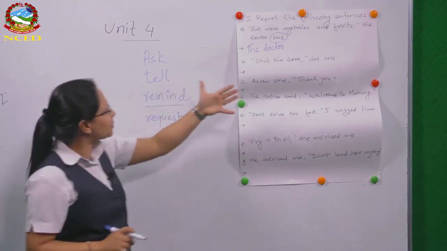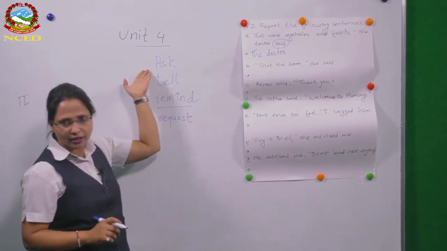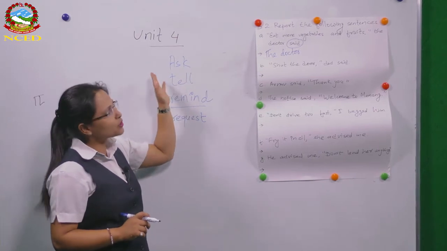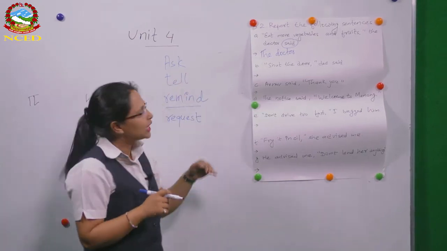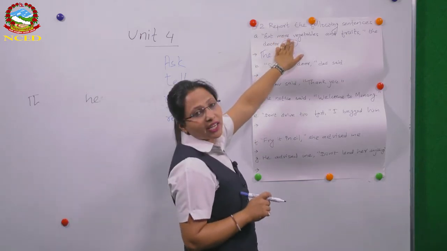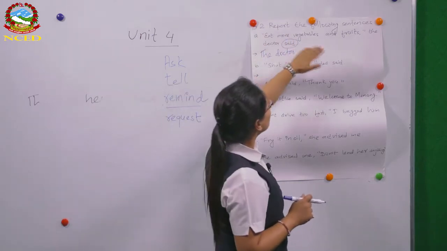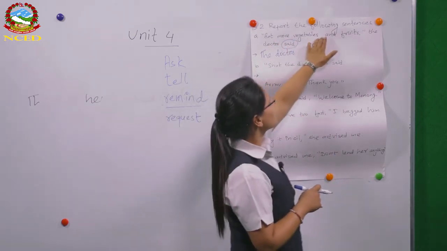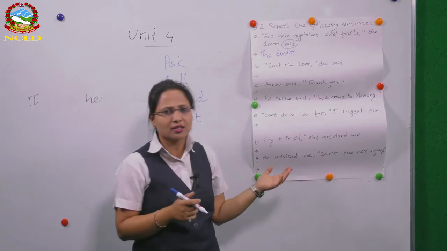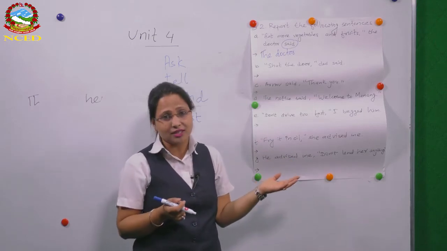So you can simply write tell or ask here, but if you want to make your reported sentence a little bit better, then you can see what kind of command it is. A doctor is saying perhaps to the patient, eat more vegetables and fruits. So this is a kind of advice, isn't it?